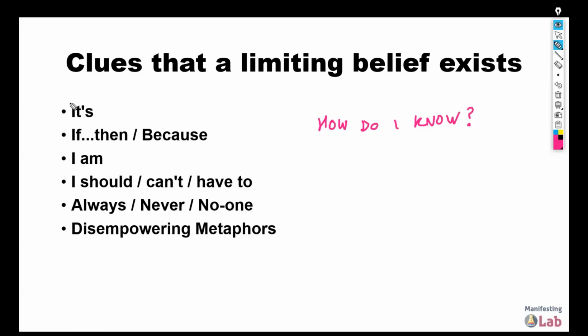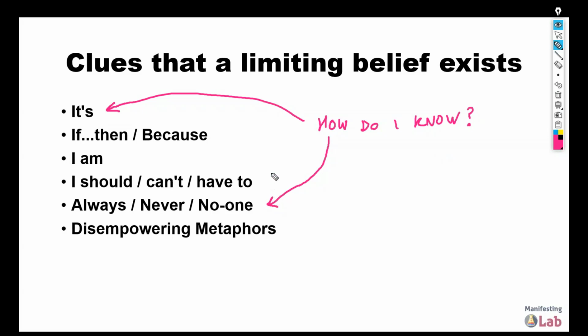So if someone says it's always the case that something bad happens, you could say, or if that's you, you could say to yourself, well, how do I know it's always the case? How do I know? And that then makes you step back and think a little bit. Similarly, with no one ever likes me, how do I know that no one ever likes me?